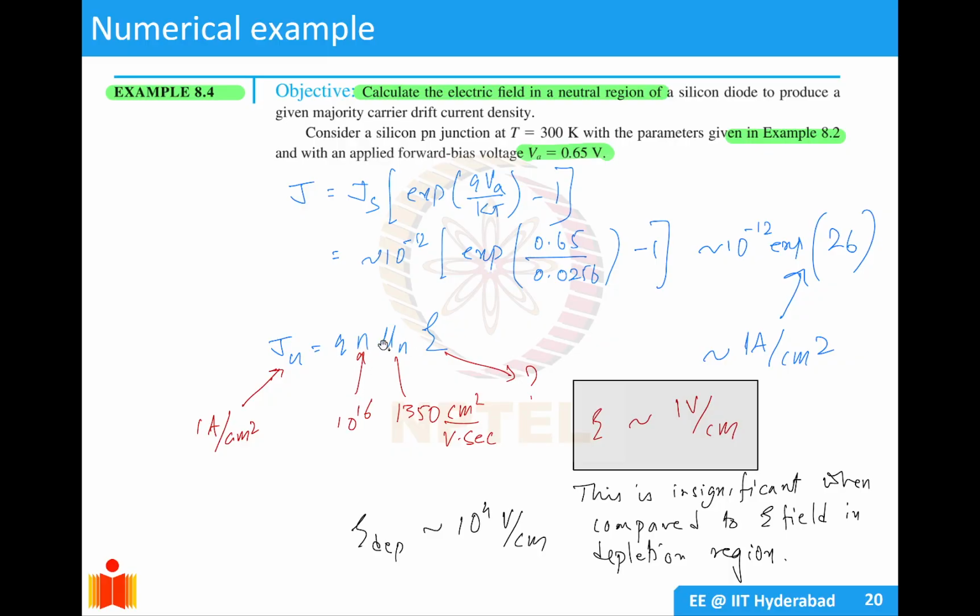If you solve this, your electric field comes out around 1 volt per centimeter. This is a very low value compared to the electric field across the depletion region, which is around 10 to the 4 volt per centimeter.